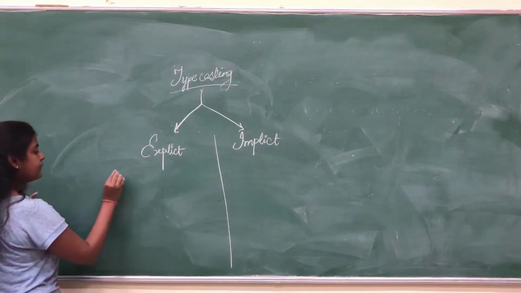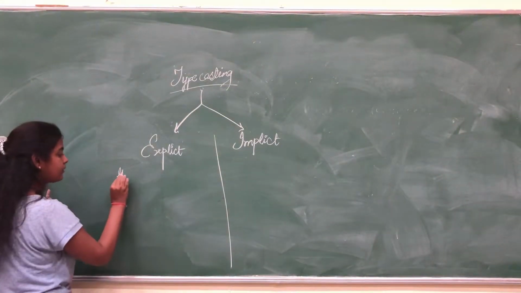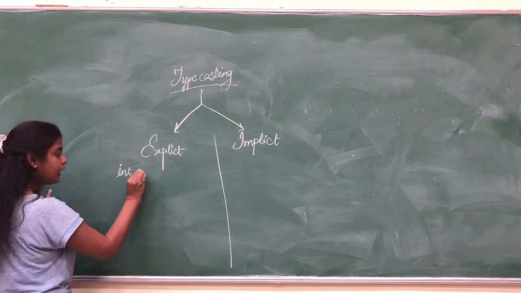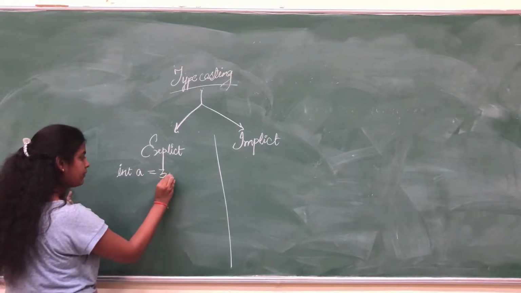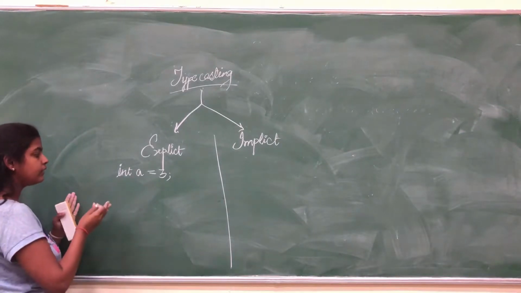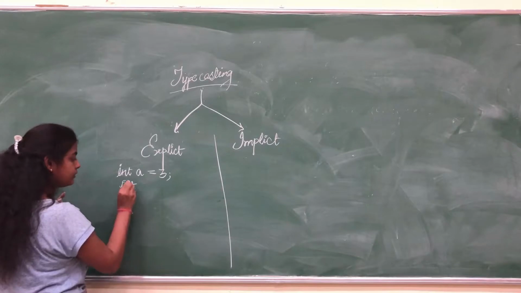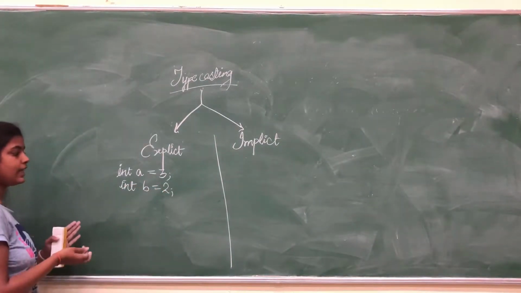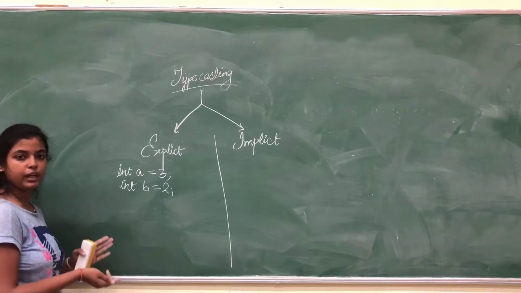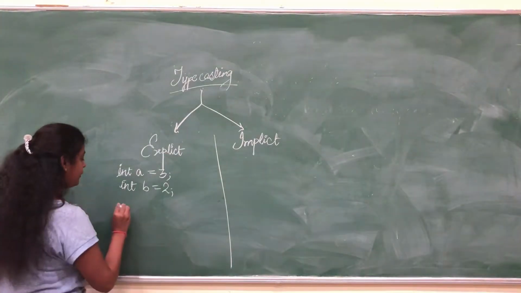Say we have a variable A in int data type, and suppose its value is 3, and another variable B in int data type, its value is 2. If we perform the operation A divided by B, let's see what we are going to have as an output.